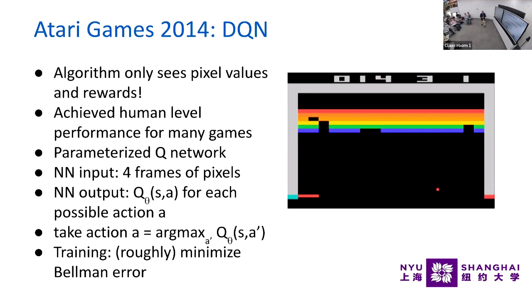It achieved human level performance for about half of the Atari games, using the same algorithm, the same neural network, and the same hyperparameters for all the games. You have to retrain it each time. When I say same neural network architecture, the parameters are different for different games, but otherwise everything else is the same.